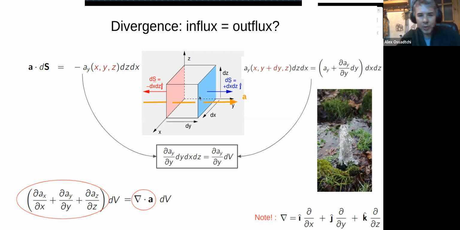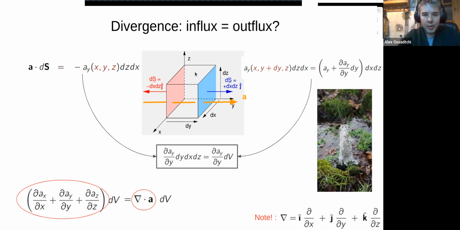And I showed you some arguments why this or that differential operator actually describes this, in this case the sink or source, by considering a small volume.